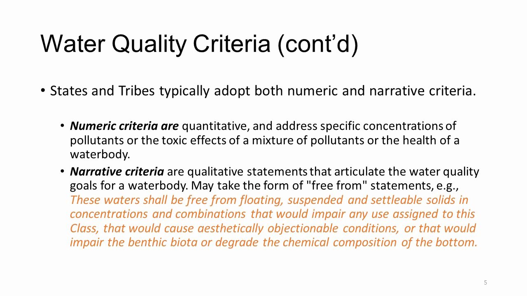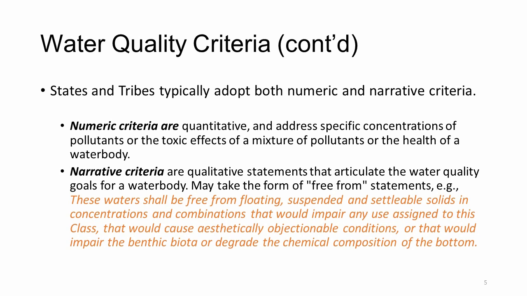So there are basically two forms of criteria that states and tribes can adopt. They're numeric or narrative criteria. Numeric, as the name suggests, is just setting a number for that pollutant level that is intended to protect the designated use in whatever water body you're concerned about protecting.